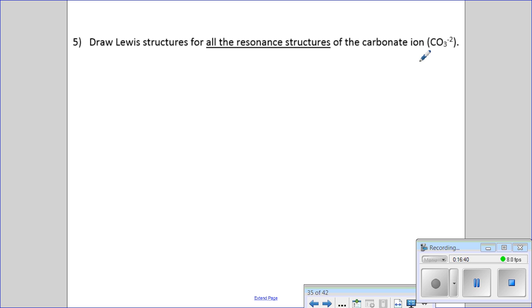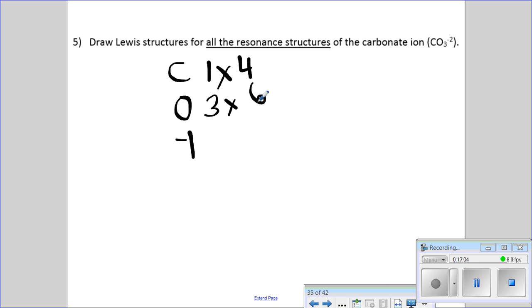Remember, when you're doing your count for your valence electrons, you would do carbon, oxygen, and then that charge. So carbon, I have 1 carbon atom in my polyatomic ion, and each carbon has 4 valence electrons. Then oxygen, there are 3, and each oxygen atom has 6 valence electrons. Then the charge tells me I gained electrons.